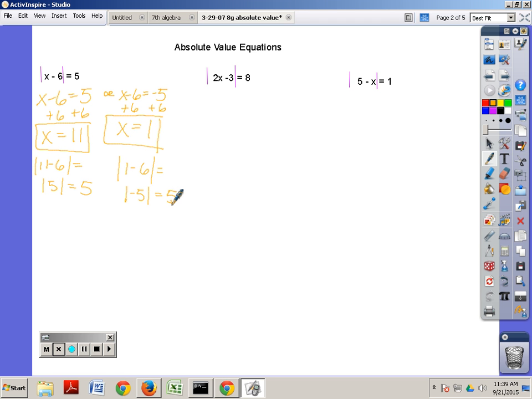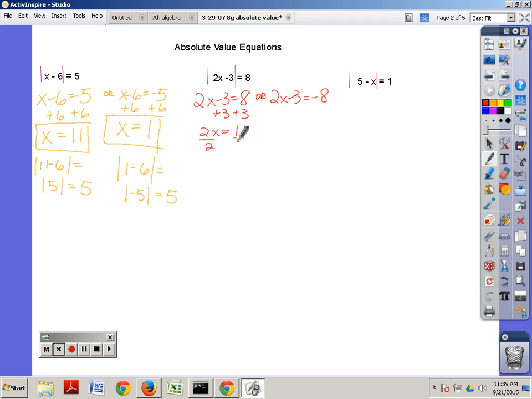So another little one step more complicated. Here we go. We get 2x minus 3 equals 8, or 2x minus 3 equals negative 8. Once again, solving those each independently. Plus 3 plus 3, so 2x equals 11.